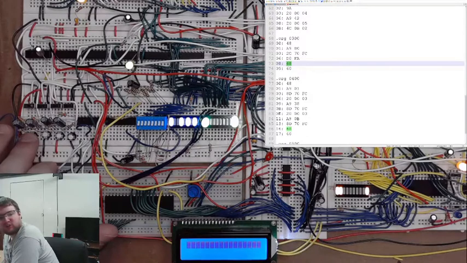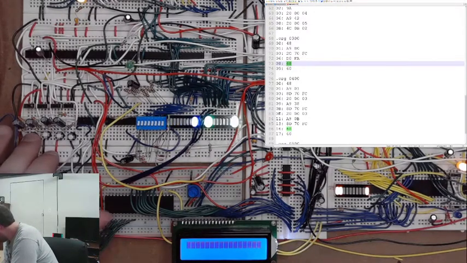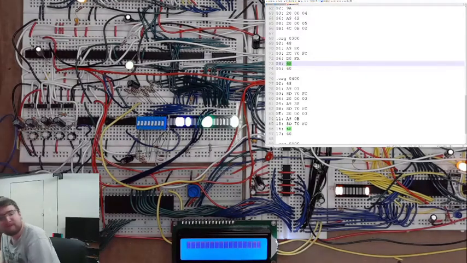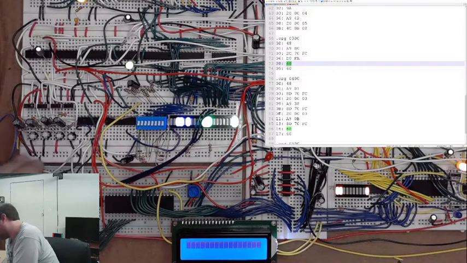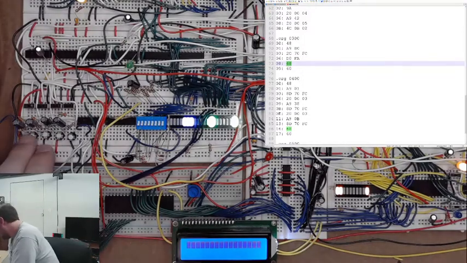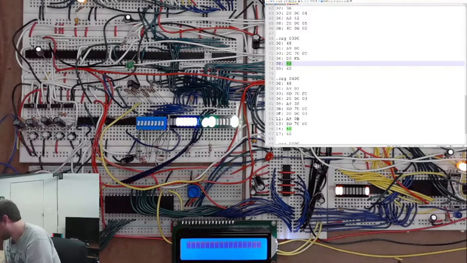A9, which loads A. So this will load A, which is 80. Perfect. And the next one should be instruction 3, which should be 2C. That is what it is. 70. FC.